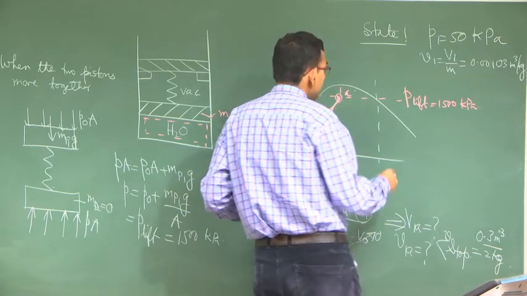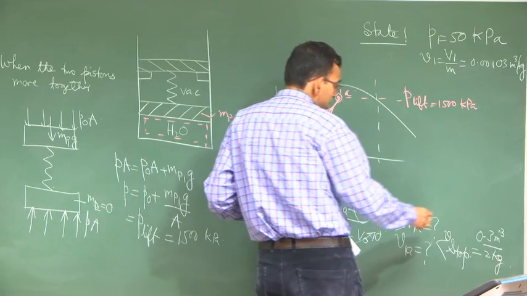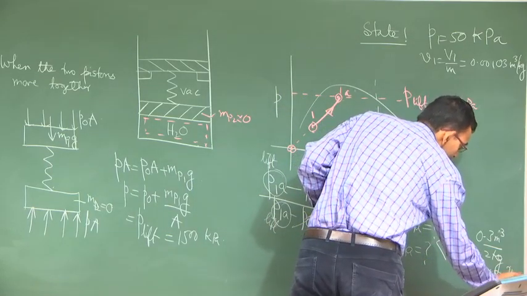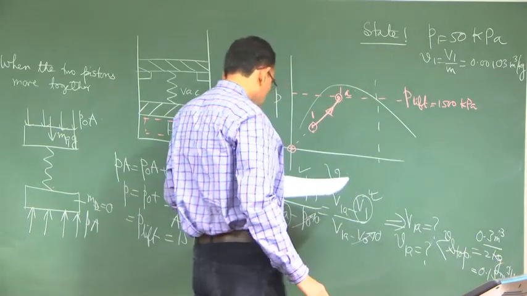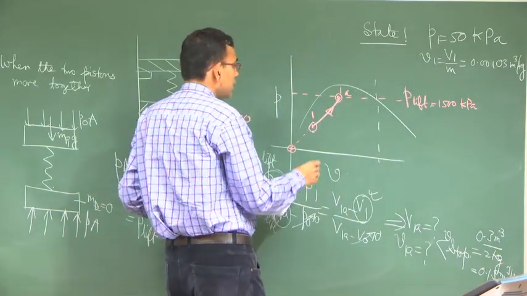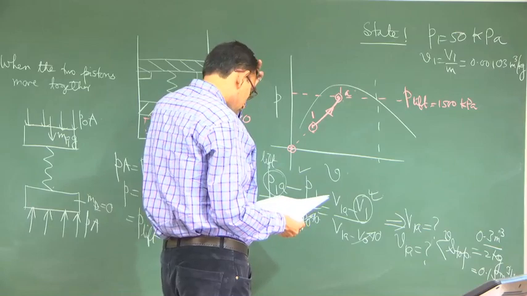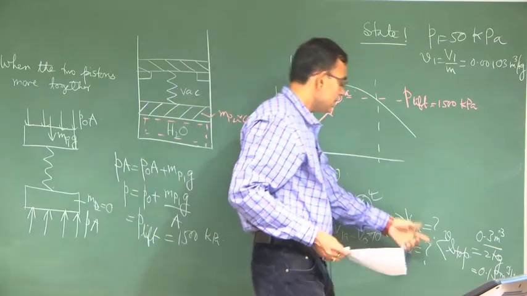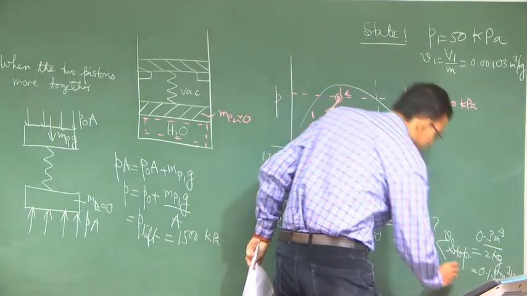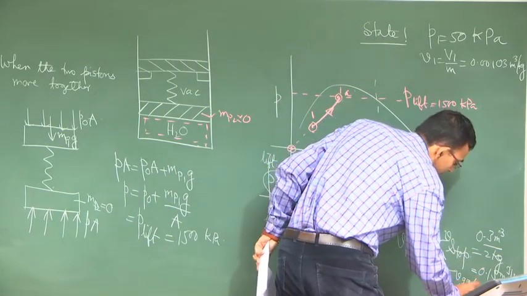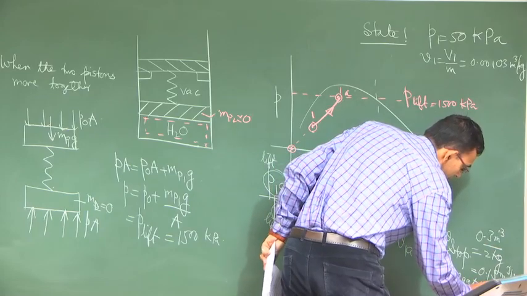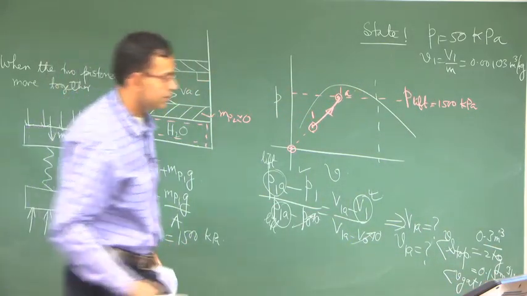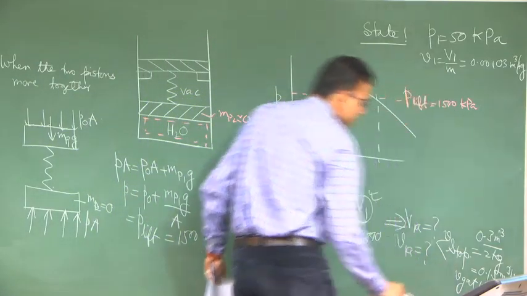So, V stop, which is 0.15 meter cube per kg. If you look into this 1500 kilopascal data, then you will see that this V stop is greater than Vg at 1500 kilopascal.